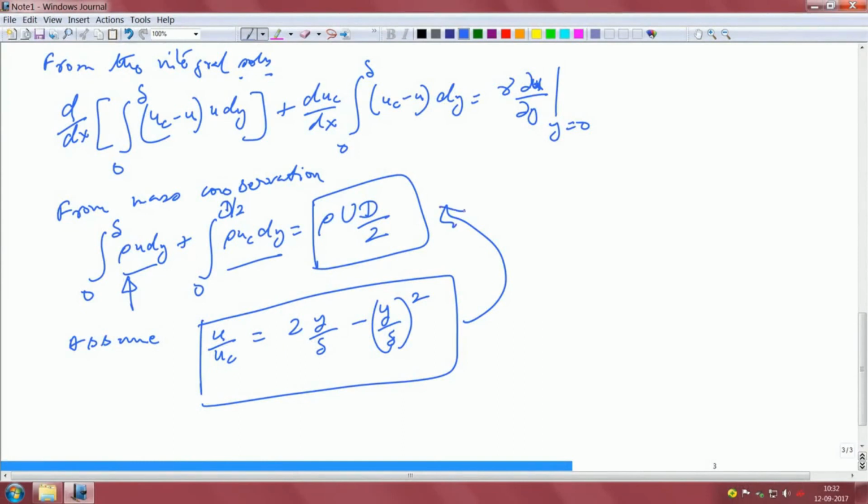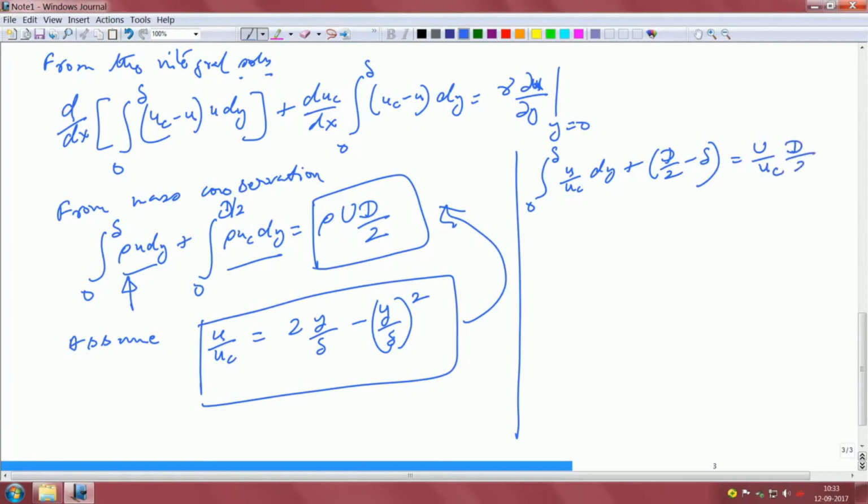Now, applying this particular form into the continuity equation that we have here, that is what we have done over here.